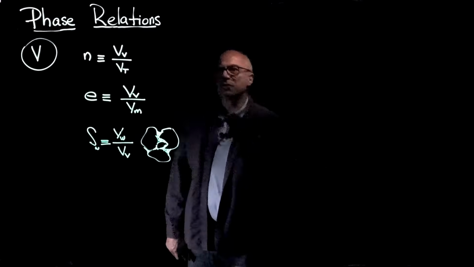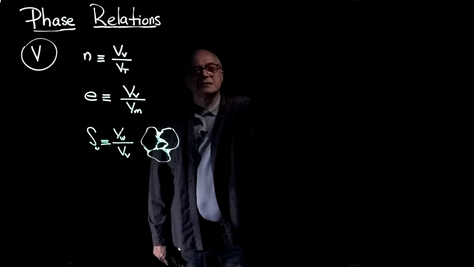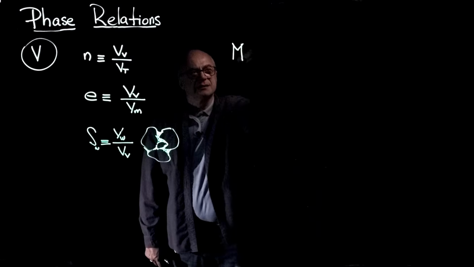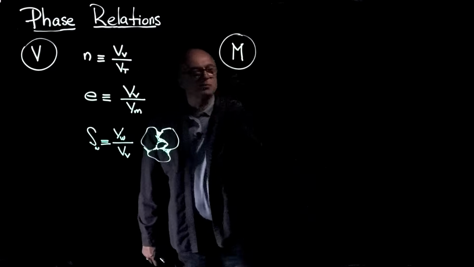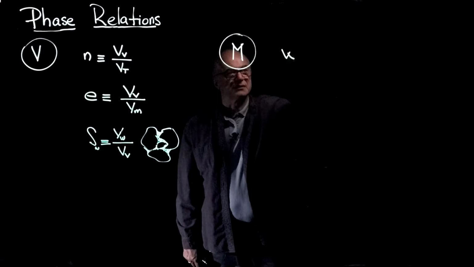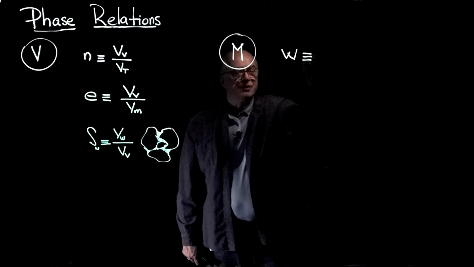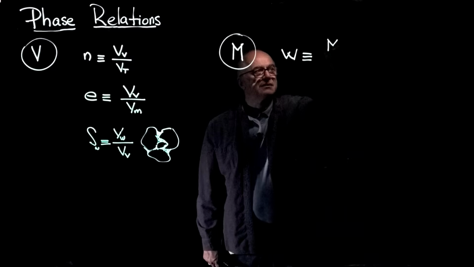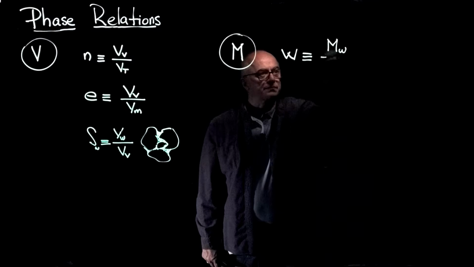We should also look at quantities that depend on mass, and probably the most important one that we are going to define is the water content, which by definition is the mass of water over the mass of minerals.